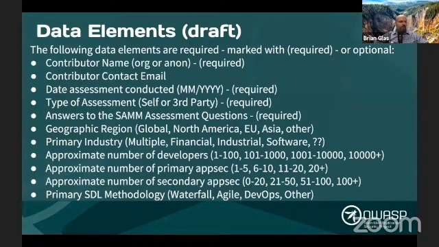So I want to make sure that we're tailoring it for something that's useful for SAMM to be able to build up the community. Because ideally, SAMM is basically outside of BSIMM, SAMM is about trying to help you understand what you could do, how to structure the beautifully complex world of application security or secure development.